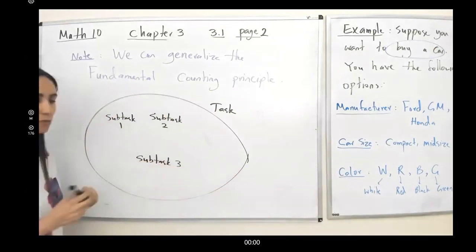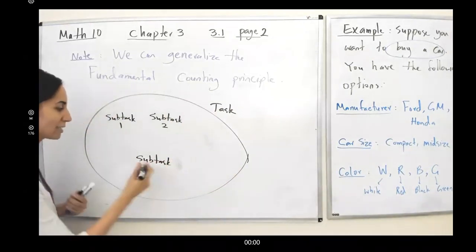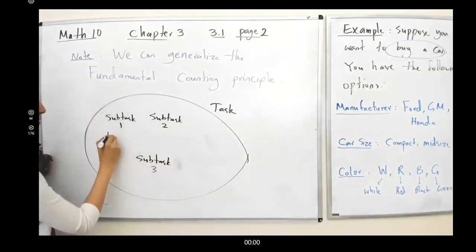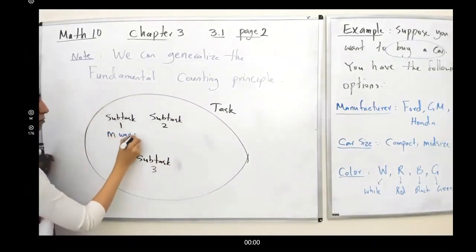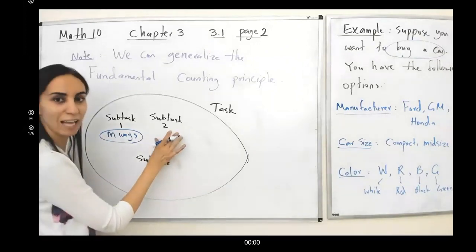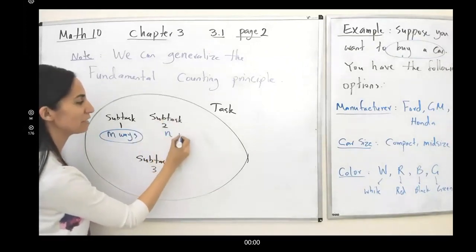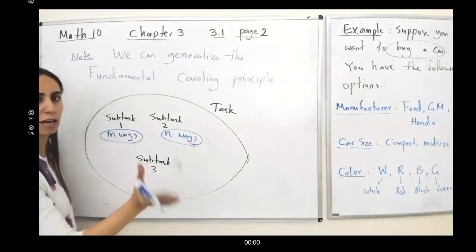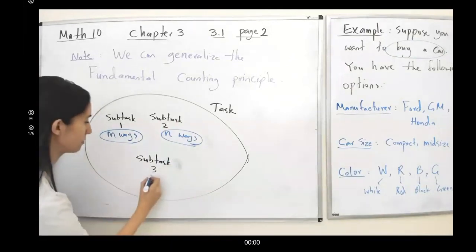So the first subtask can be done in M ways. The second subtask can be done in N ways. And suppose the last subtask can be done in L ways.